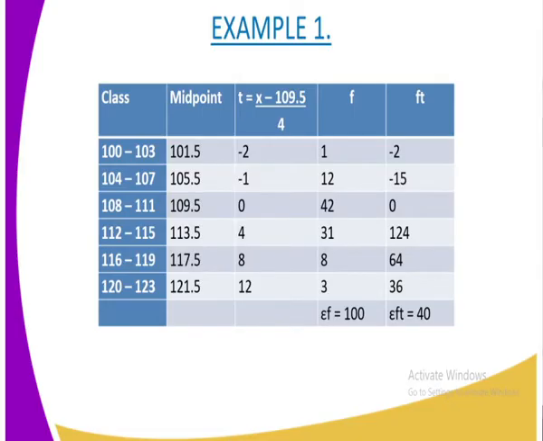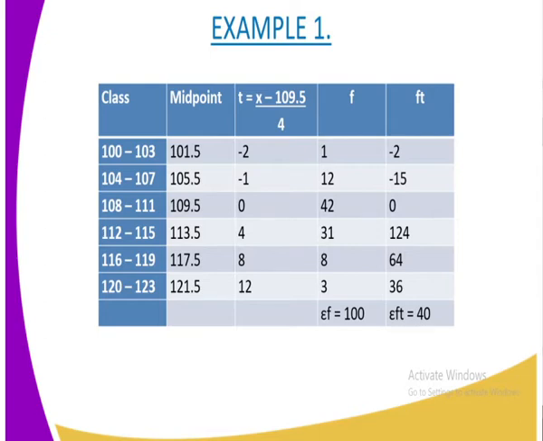Same as 112, you add 115, then you divide by 2 to get your midpoint as 113.5. You also get 116, you add 119, then you divide by 2 to get 117.5. Same as our last class here, which is 120, you add 123, and you divide by 2 to get 121.5.